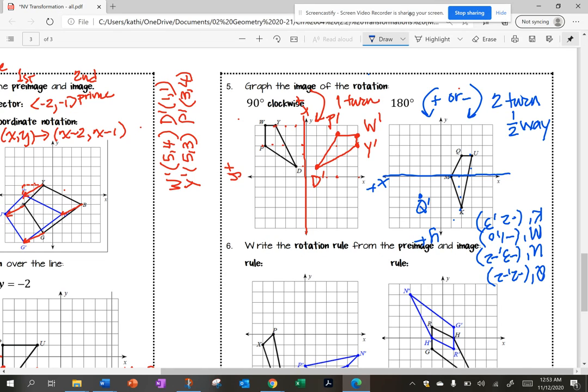Negative 3, negative 2, U prime. Negative 1, 0, M prime. Negative 2, 3. Negative 1, 2, 1, 2, 3. K prime. There we go.